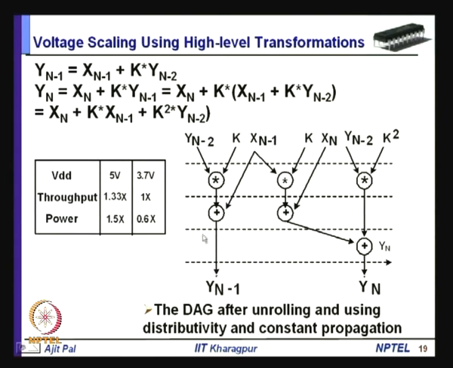So, you can see here whenever you do this kind of simplification, this kind of transformation, we can compute in 3 clock cycles. Now, we have got 2 options. We can compute in 3 clock cycles, and obviously, we are able to compute faster than the original circuit where you have done loop unrolling.